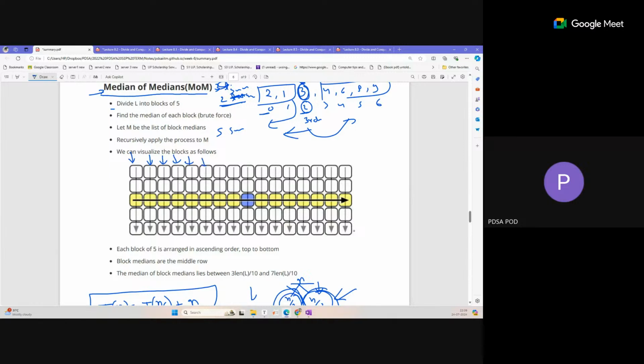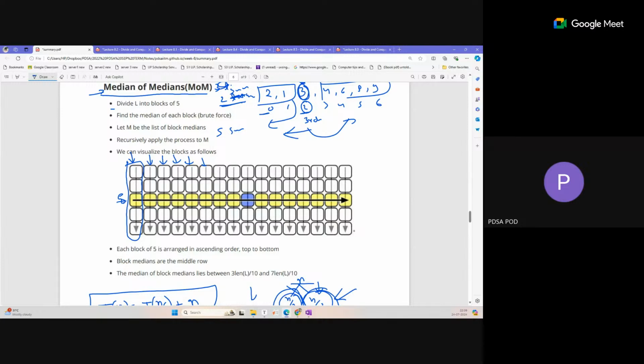After that, in each block of 5, we will figure out the middle element. First we sort the block, and we pick the middle element as the median of each block.